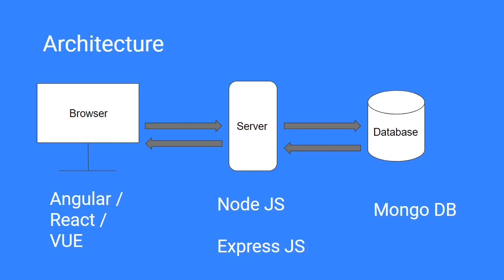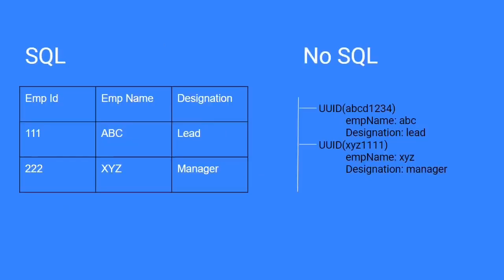If you are aware of a SQL database, it has tables, rows and columns. When comparing SQL with a NoSQL database, in SQL you'll have tables, and each table will have multiple columns, and then the data will be in the form of rows, right?